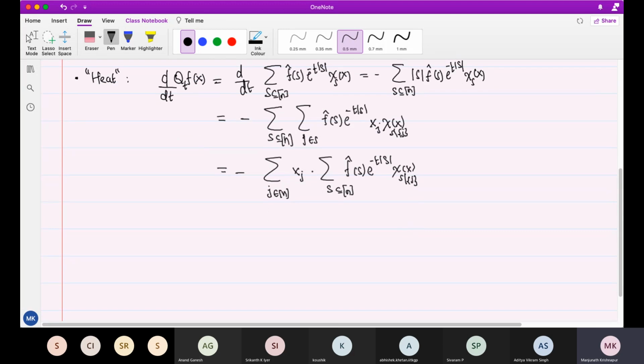I just interchanged the sums and sum over j first and sum over all S, but sorry, only those S which contain j, we sum this.